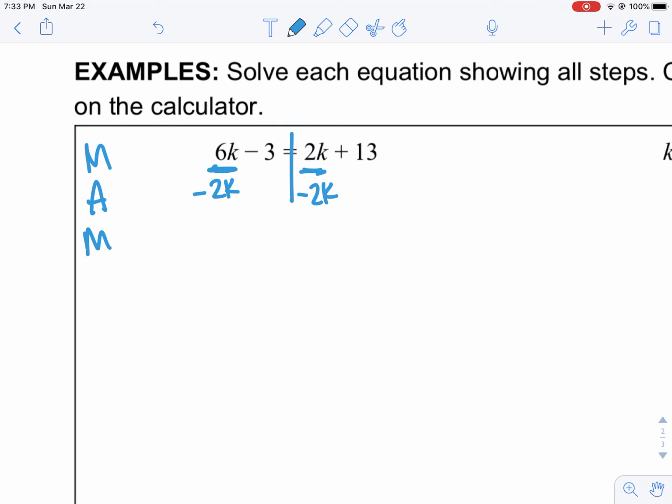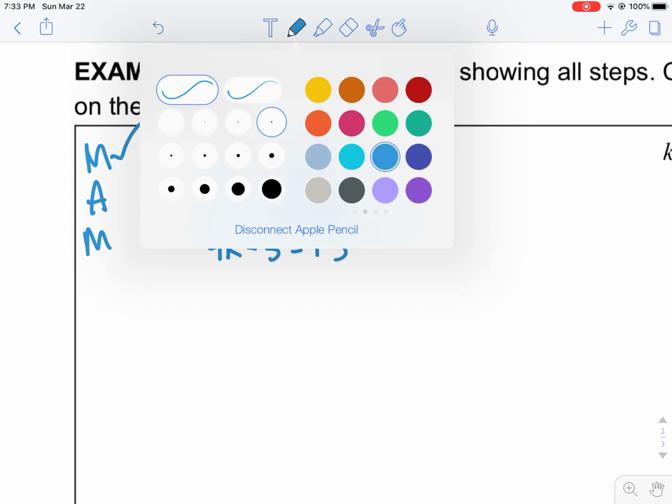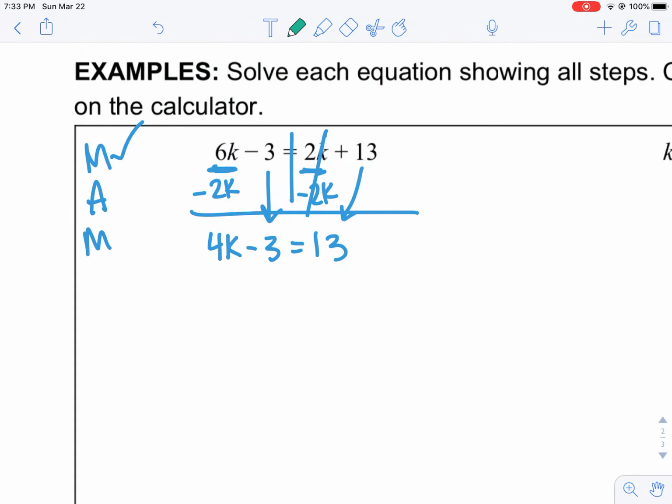When I move it, I'm rewriting it, and I'm changing the sign, okay? So it was a positive over here. It moves over here and becomes a negative. So then I do what it says, just like combining my like terms. I have 6k's, I'm taking away 2, so I have 4k's total. And then anything I didn't touch, I'm bringing down. So that's your M for move the variables to one side.